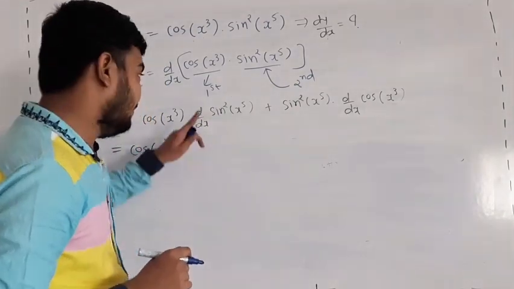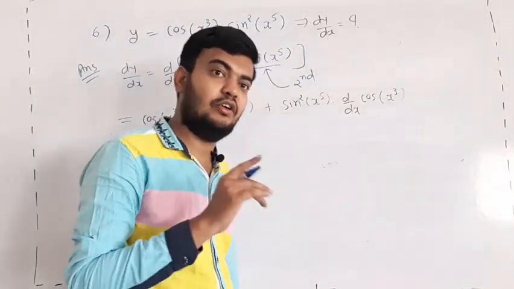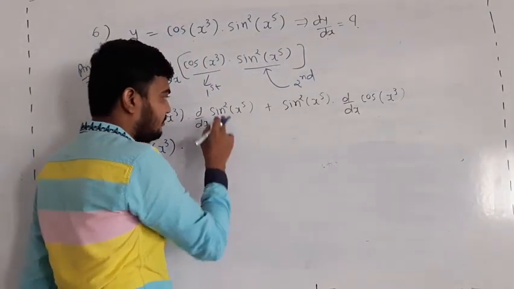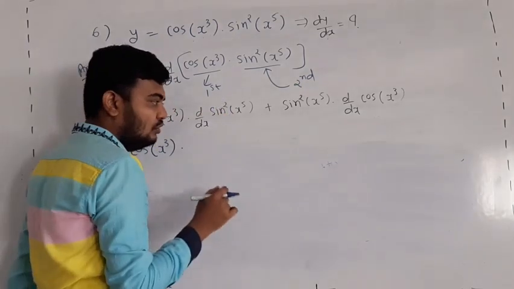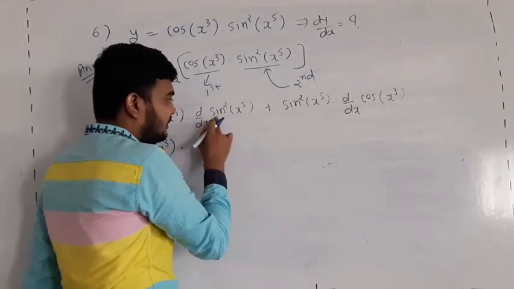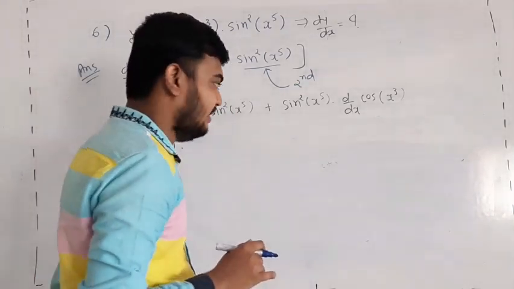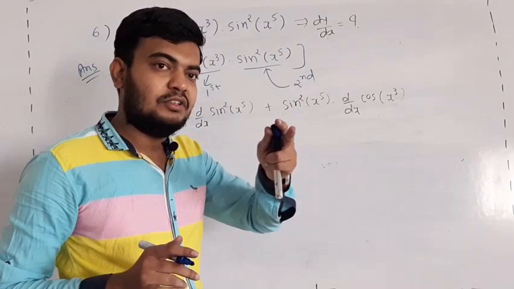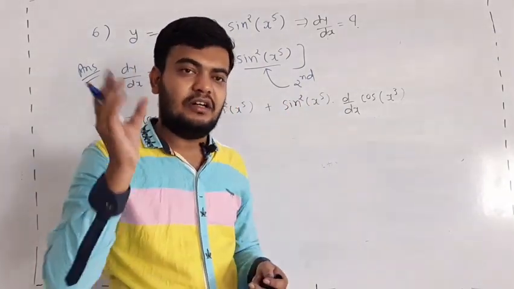If there is a power on the outermost function, then first we differentiate the power of that outermost function. So here the outermost function is sine and the power is 2. So sine is variable and power is constant.